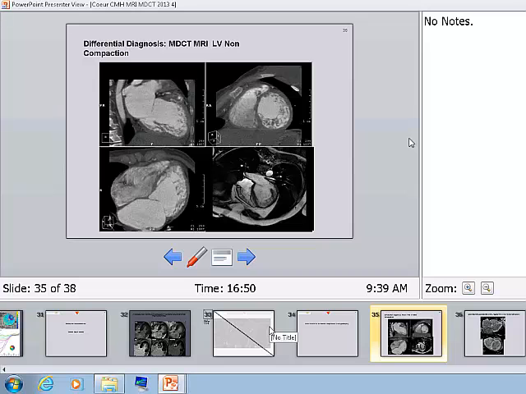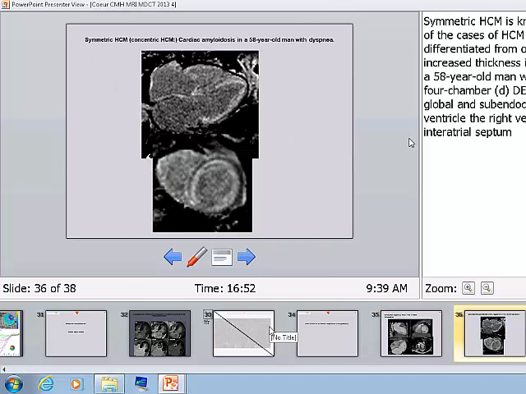And one can also use cardiac MR to detect Fabry disease, with patchy enhancement in the lateral wall, or here in this patient, cardiac amyloidosis, where you can see this typical enhancement of all the subendocardial wall in the left ventricle, but also in the right ventricle, as you can see here in this short axis view.